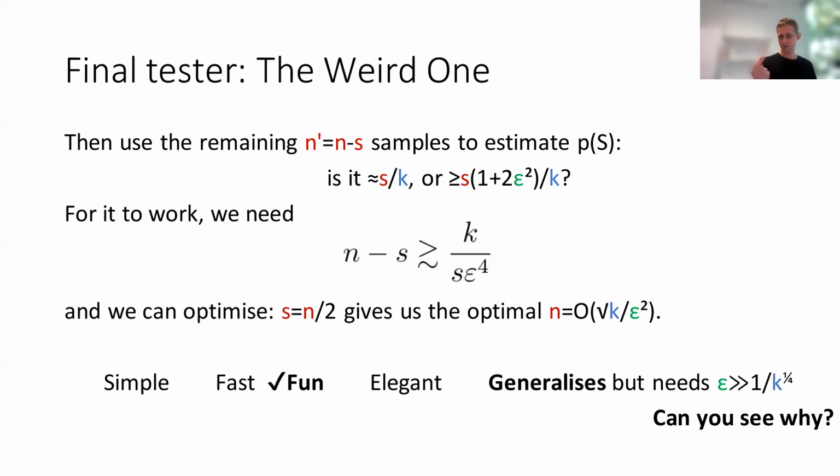Oh yeah, you can also check why you need it. You have the same restriction on epsilon; it cannot be too small. And if you can see why, it's basically the same reason. If epsilon is too small, that means that n is too large. But then when you take the first half of the samples, your multiset is going to be very annoying.